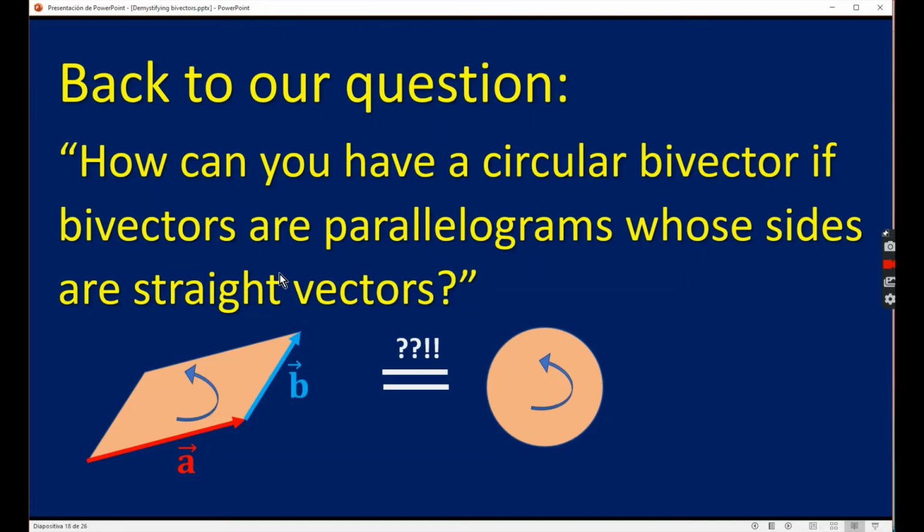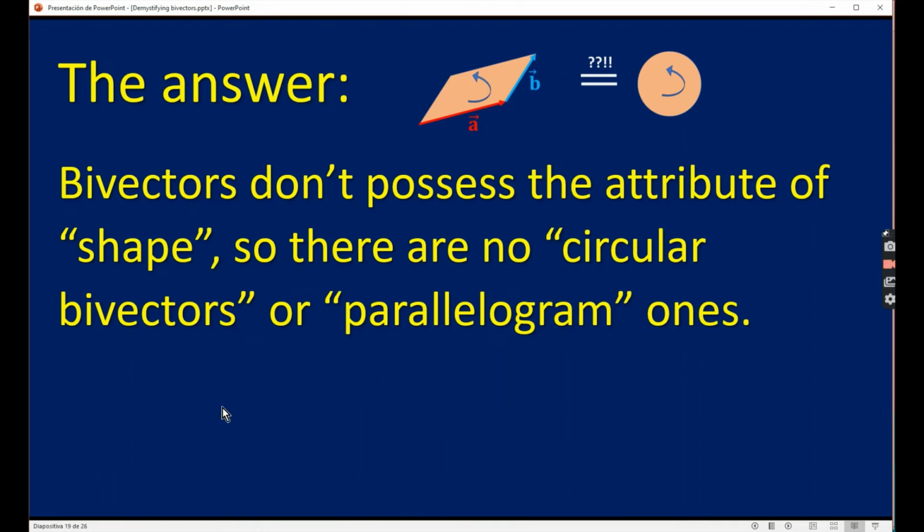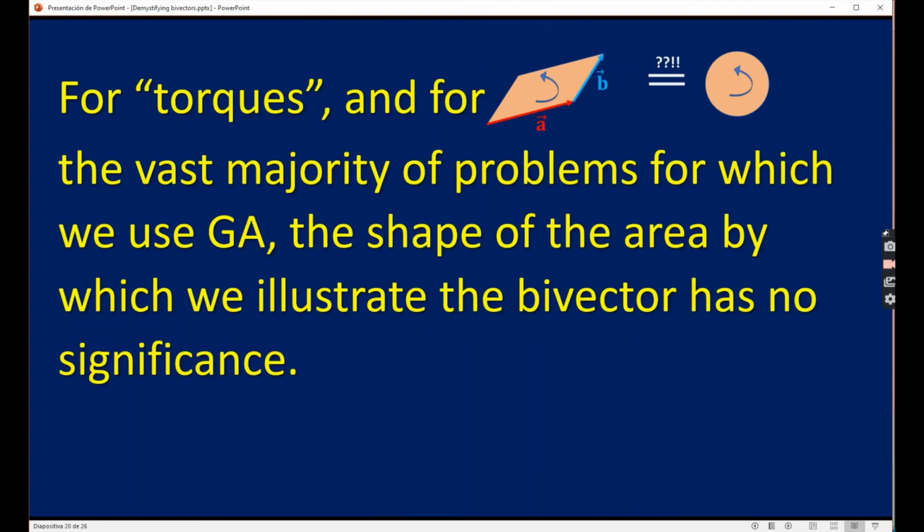Back to our question, how can you have a circular bivector if bivectors are parallelograms whose sides are straight vectors? Well, here we have the answer, and I'll just let you read it. There's no such thing as a circular bivector or a parallelogram one.